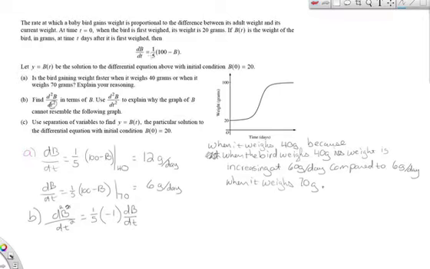And maybe for some of you that'd be easier to see. So let's rewrite this as 1/5 times 100 is 20 minus 1/5 B. So the derivative of 20 is 0, the derivative of negative 1/5 B would be negative 1/5 dB/dt, which is what I have, just not simplified out yet.